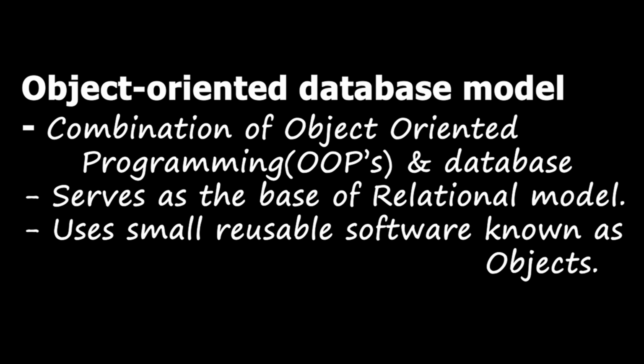This model uses small reusable software pieces which are called objects. An object is a small object, right? This software can be reusable, and it is stored in the object oriented database. This model efficiently manages a large number of data types.